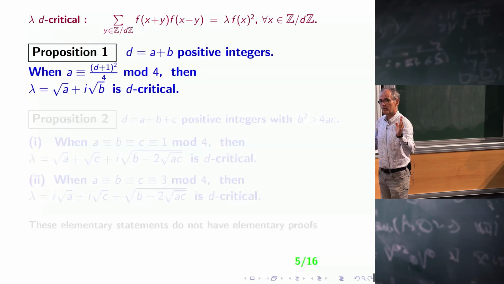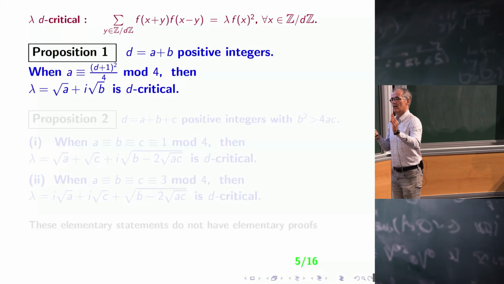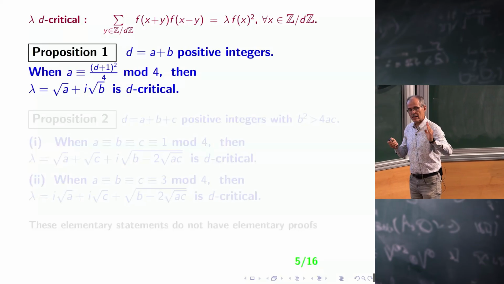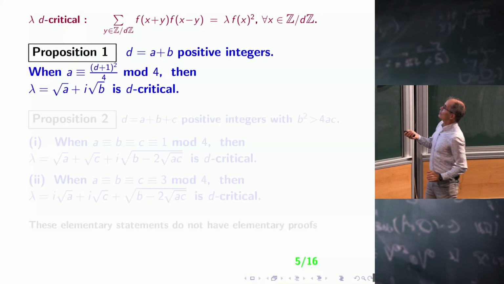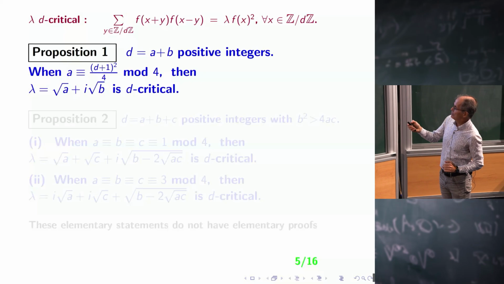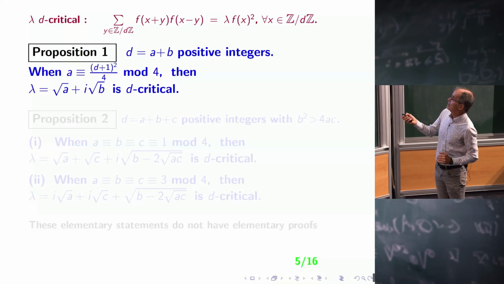If D is equal to 1 mod 4, you start from square root of D. If D is equal to 3 mod 4, you start from i square root of D, and then you go 4 by 4. And all the square root of A plus i square root of B here will be D critical.